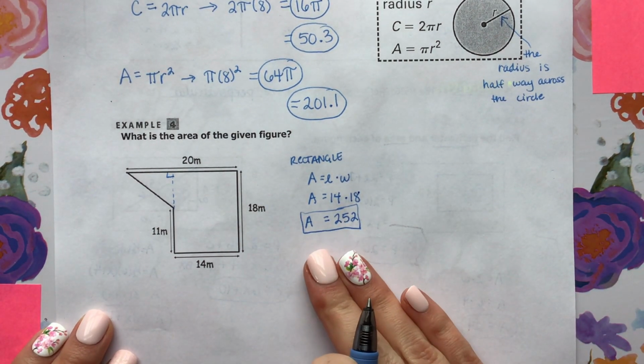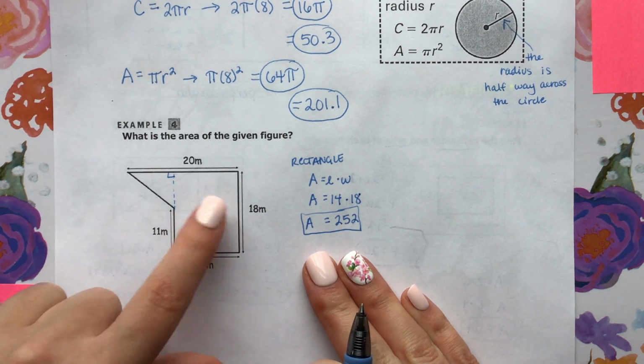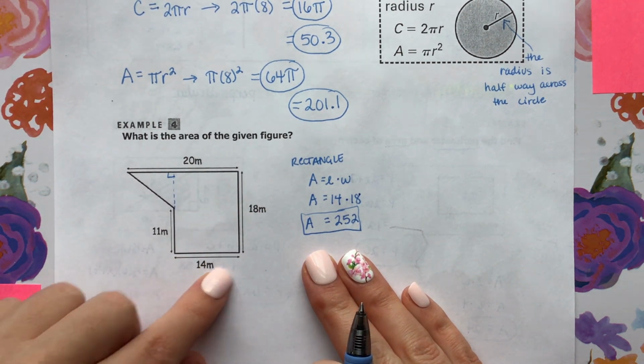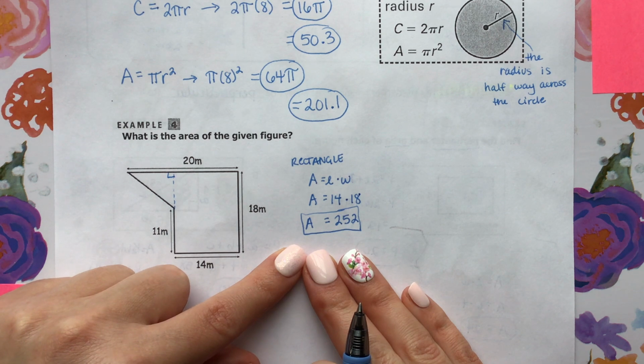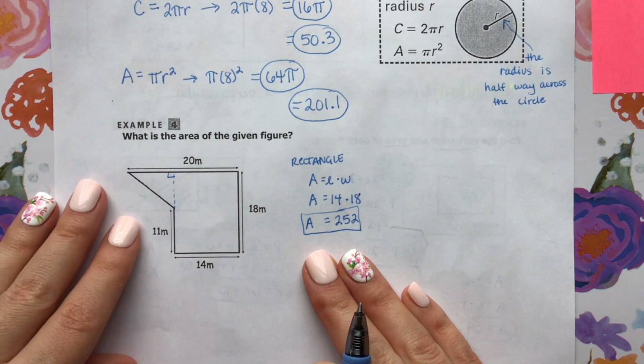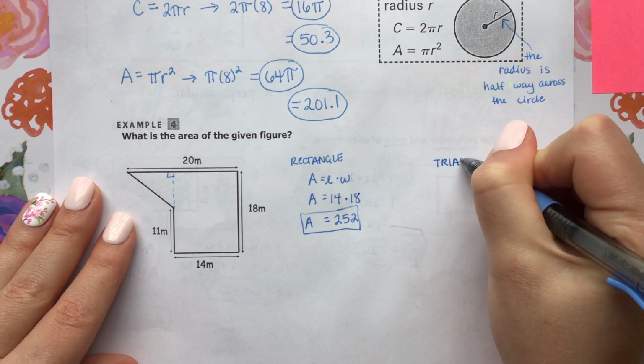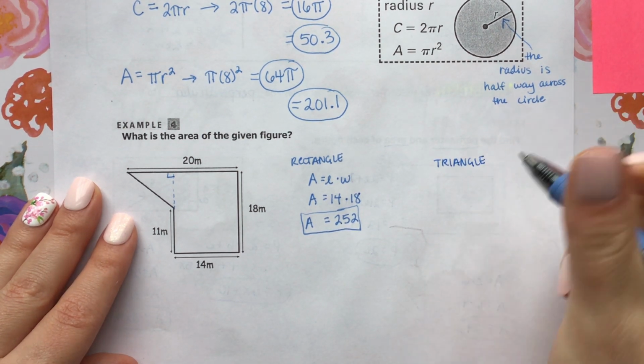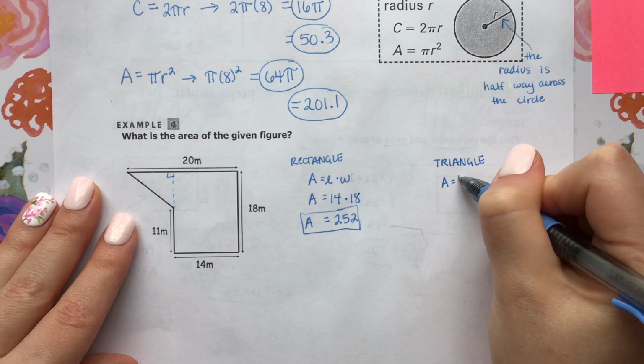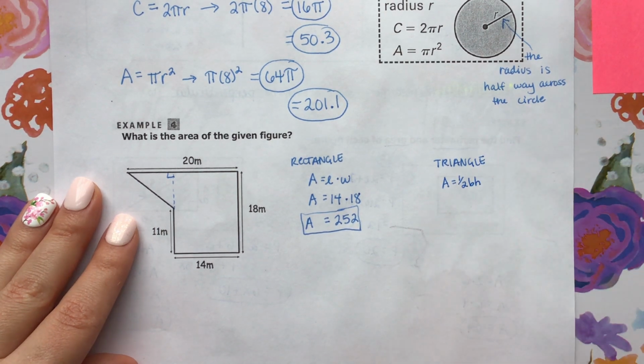That's important. This is not my final answer though, because I want the area of the whole shape. So don't stop when you've only done half of the problem. Keep going. Okay, now I need to find the area of the triangle. Well, I know area is equal to 1/2 base times height.